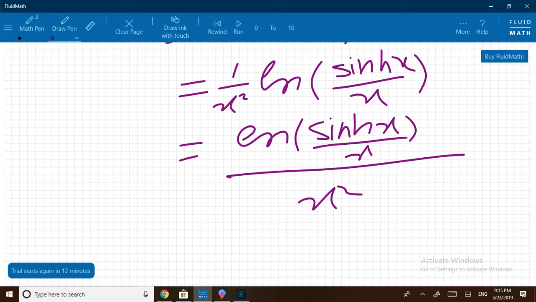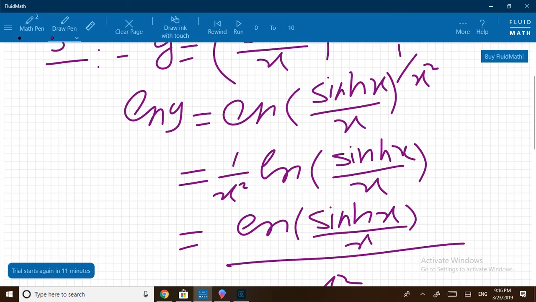It is the natural log of 1, because when we apply the limit, sinh x divided by x is 1, and the natural log of 1 is 0, divided by x square, and since x approaches 0, it is 0 divided by 0 form. So this means we can also write the limit. Okay, I'm writing the limit over here.